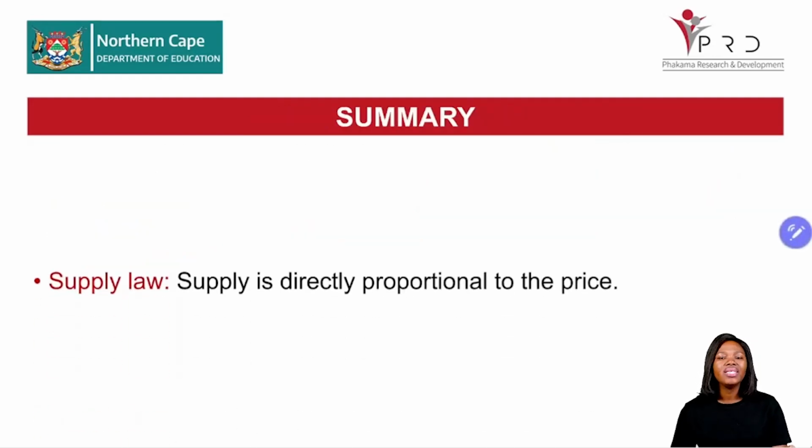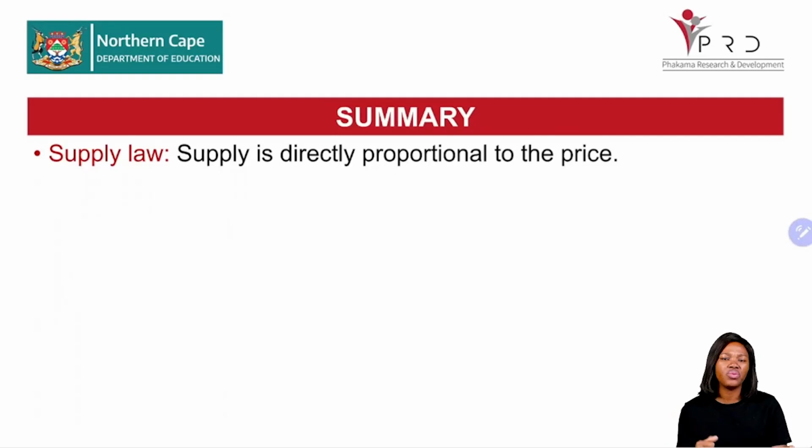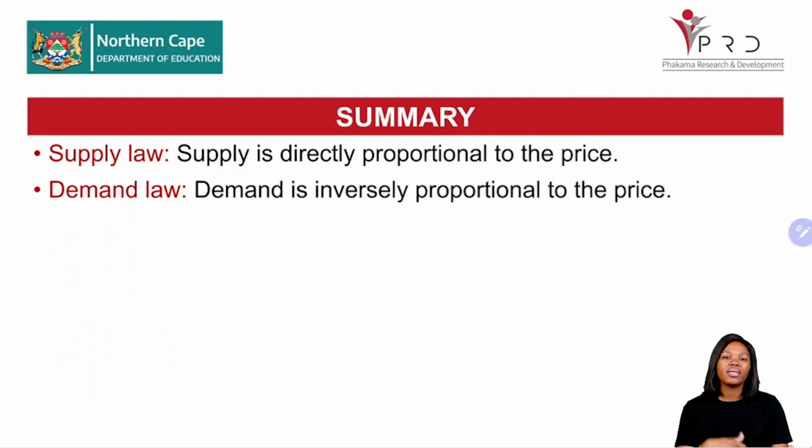Now, on today's lesson, learners, let us remind one another. We spoke more about price determination, as we use the demand law and the supply law in determining the price, helping us to determine the market equilibrium point as well as the equilibrium price. The supply law shows the relationship between the price and the supply.